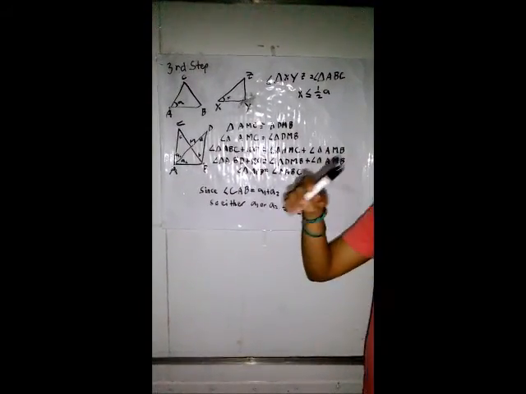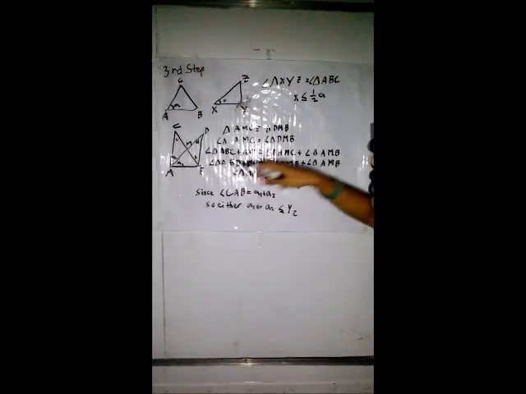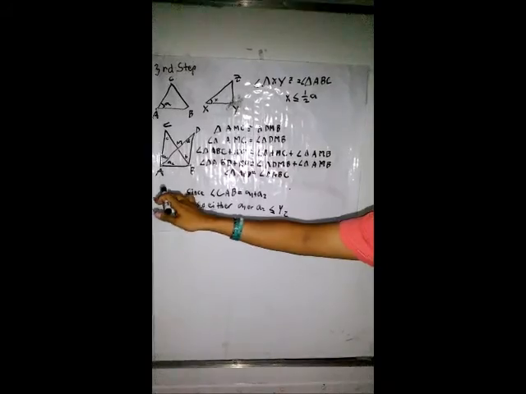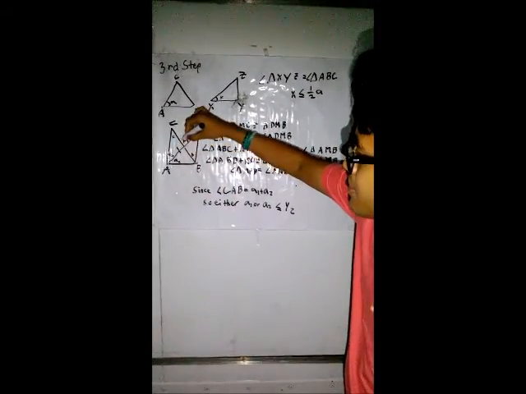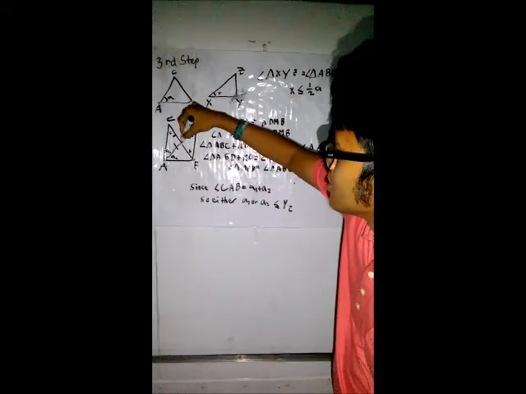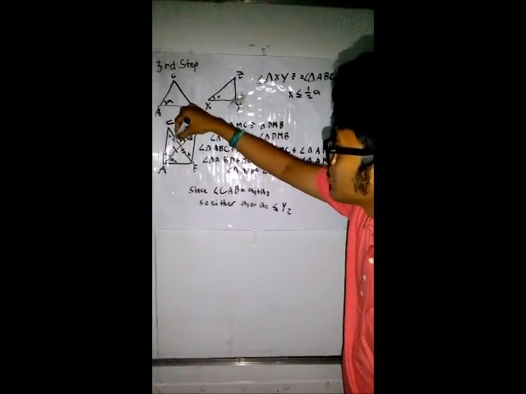Now we are given two triangles, triangle ACB and triangle ADB, where M is the midpoint of AD, so we can say that these segments are equal because of the midpoint.